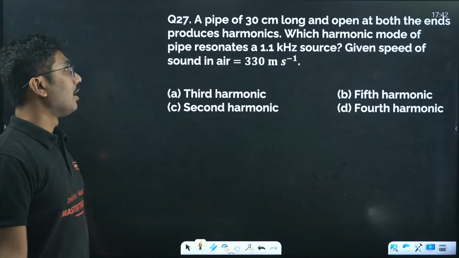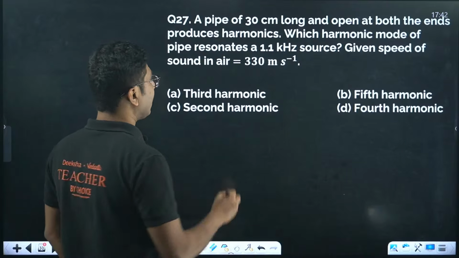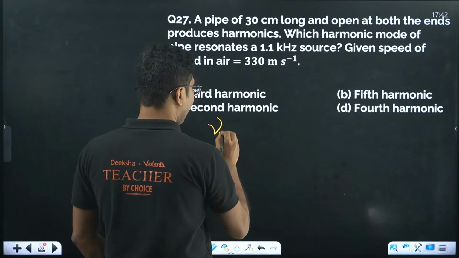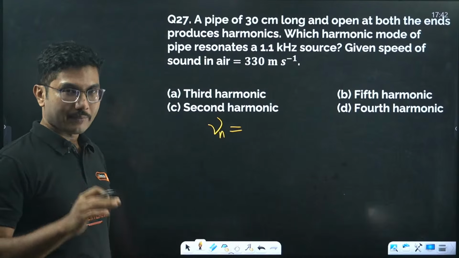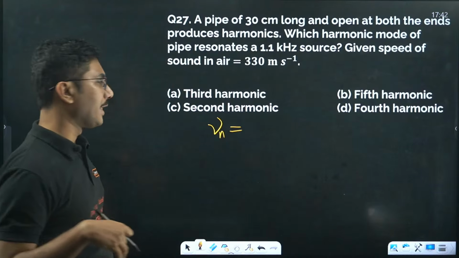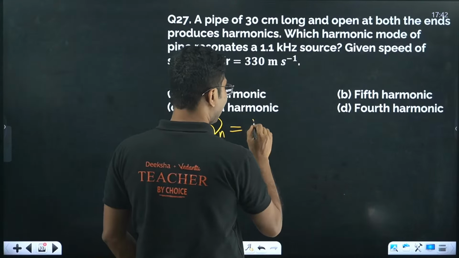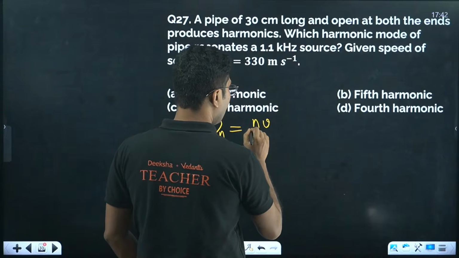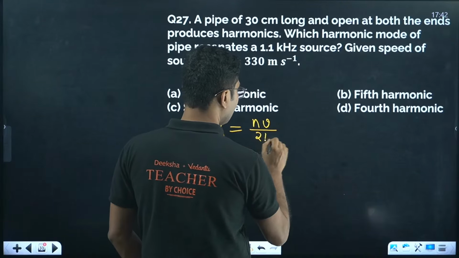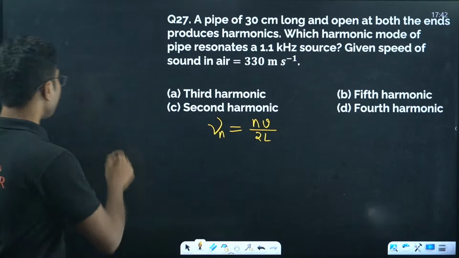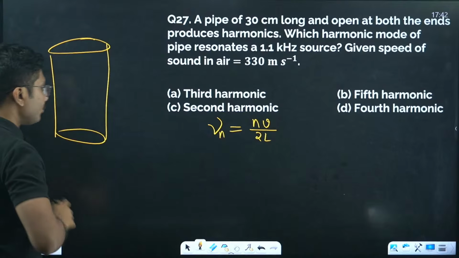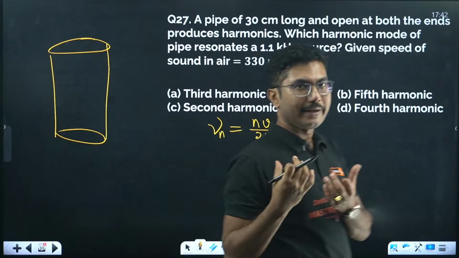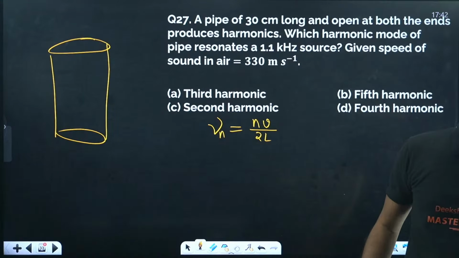What is the formula for frequency of nth harmonic in an open pipe? Whatever it is in an open pipe, closed pipe is half of that. So for open pipe, it is n into speed of sound divided by 2L. L is length. Pipe means flute. Those who have seen or played a flute, okay, a flute is a device.